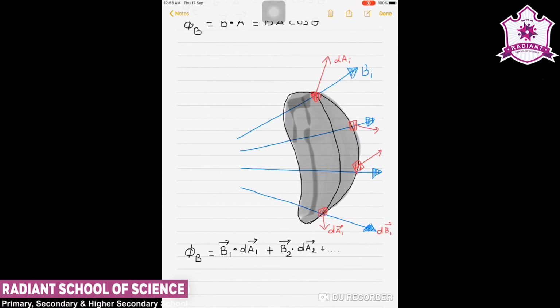So suppose there are many components and their area vectors are there.